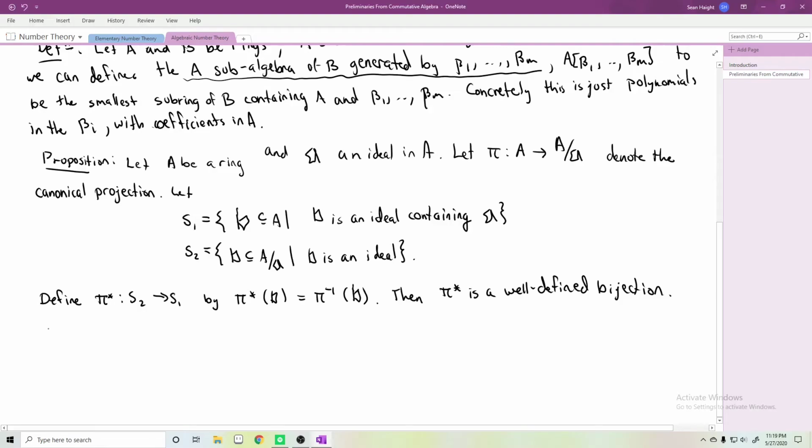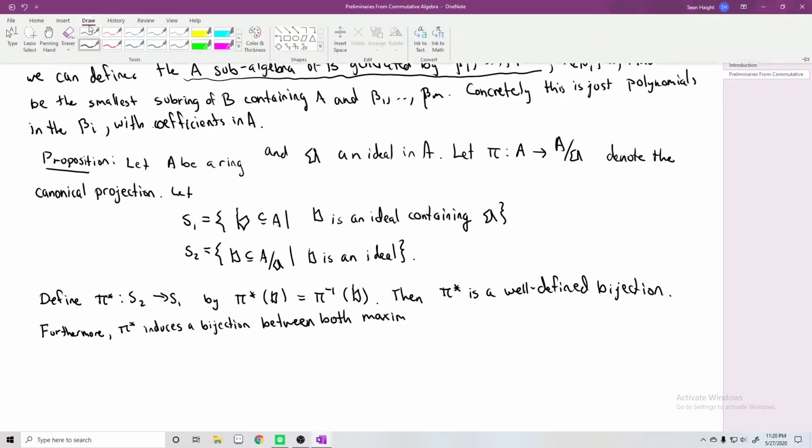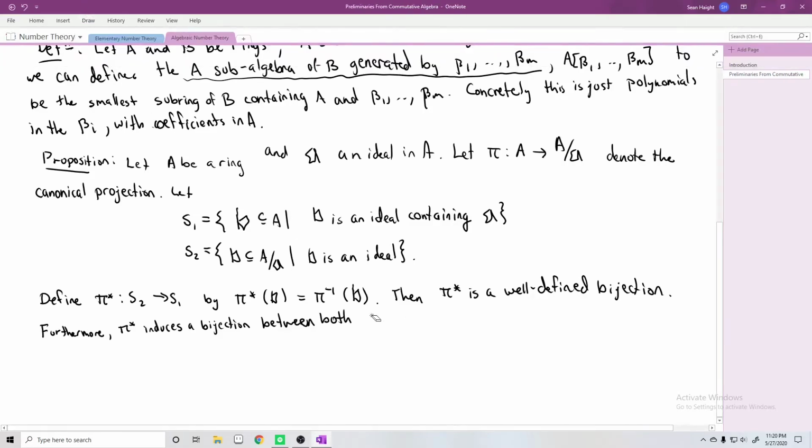There's something else I should say here. Furthermore, just to add on some information, pi star induces a bijection between maximal, and maybe I'll be more clear what I mean by this.